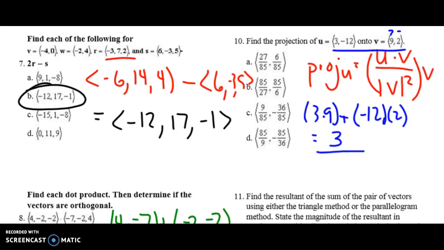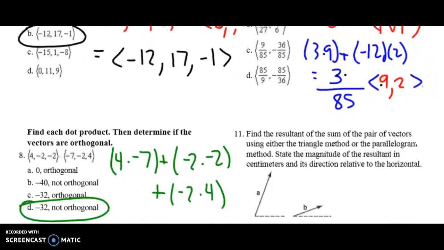So that would be 81 plus 4, which is 85. Then times our vector V, which is 9, 2. So we get 3 times 9, 27 over 85, and 3 times 2 is 6 over 85. A is the correct answer for that one.